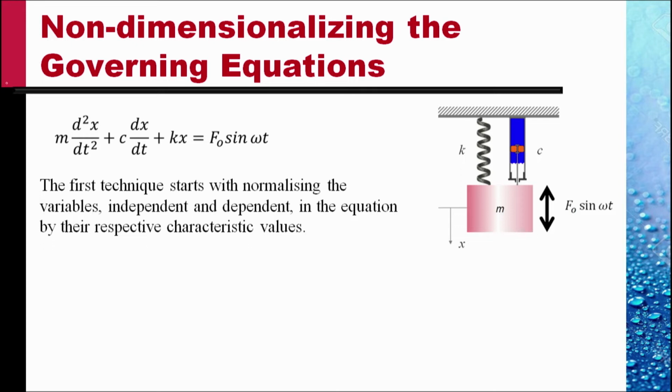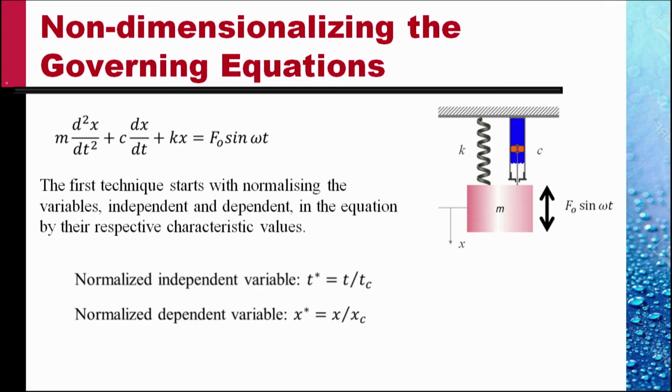We introduce the characteristic values of these variables, the typical values of these variables, and define these variables with the typical values called the characteristic values, then we should get non-dimensional variables of order 1.